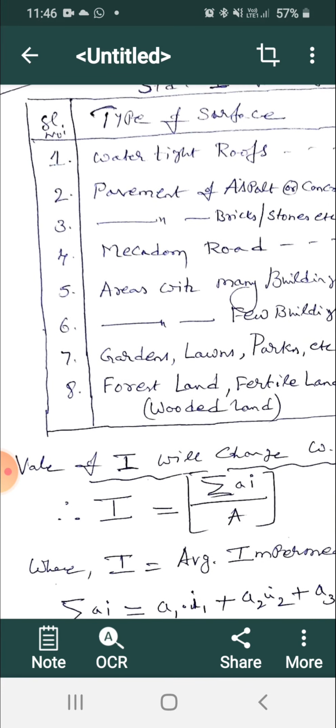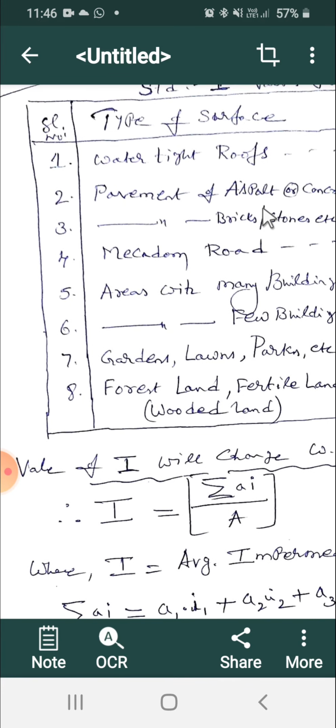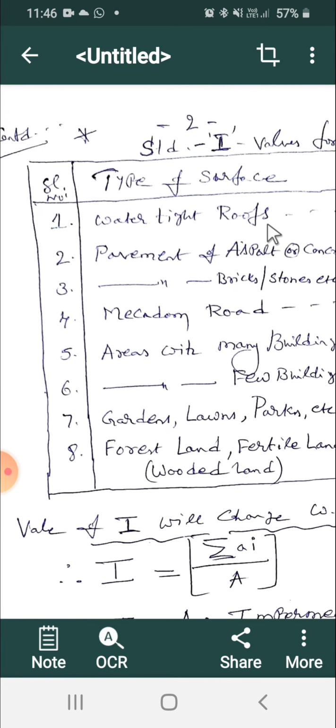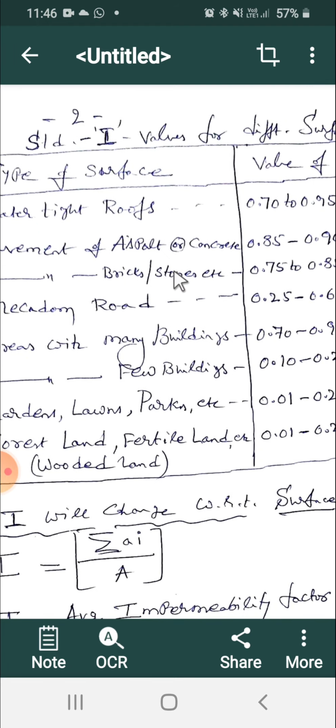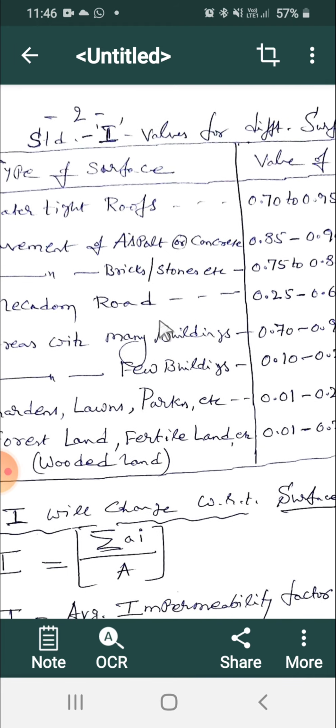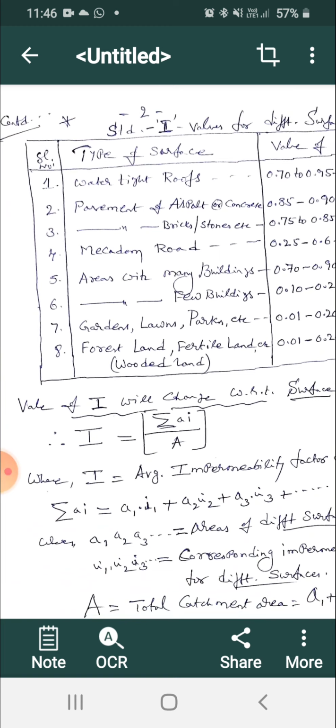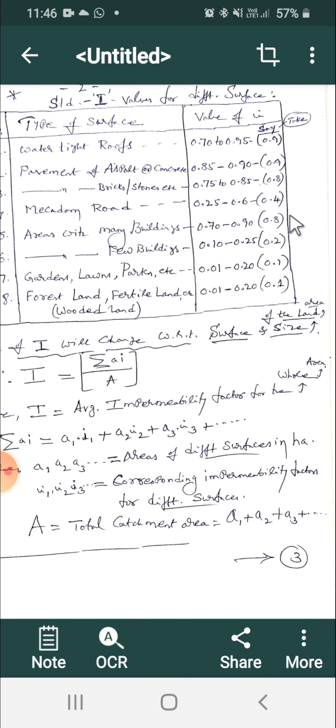Okay, watertight roofs, pavement of asphalt, then bricks or macadam road, areas with many buildings, then few buildings, lawns, forest, etc. So based on the type of roof and type of surface, we have to take these standard values. The standard values we usually consider in this bracket.